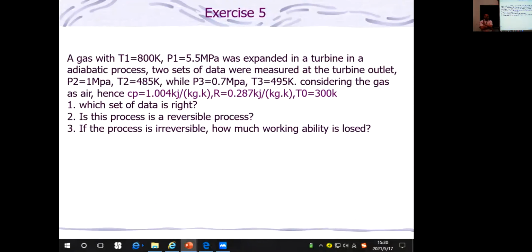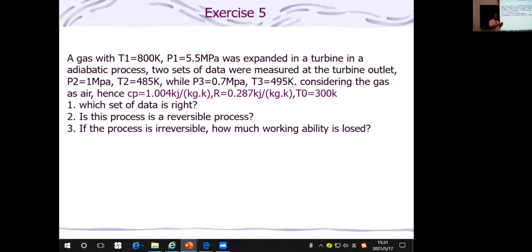I don't know whether you have found a solution now or not, but our question is: which set of data is right? We didn't discuss this before. Do you think the process from state 1 to state 2 is possible or impossible?